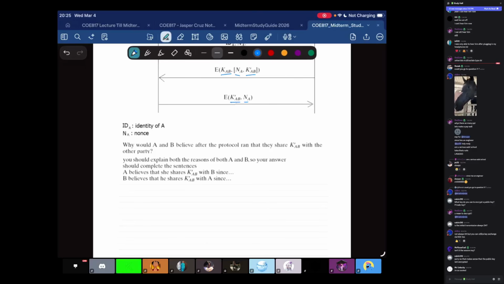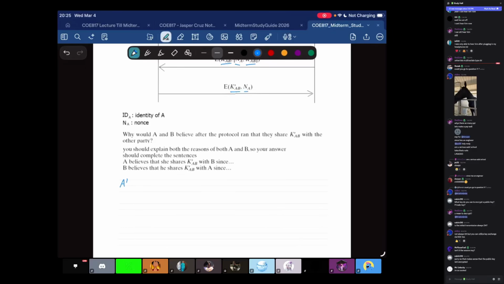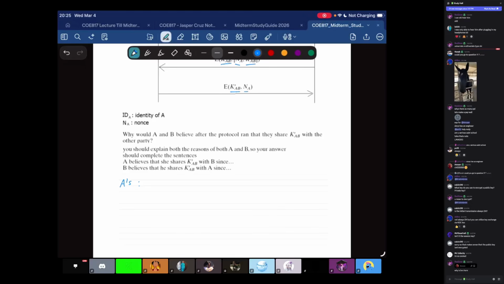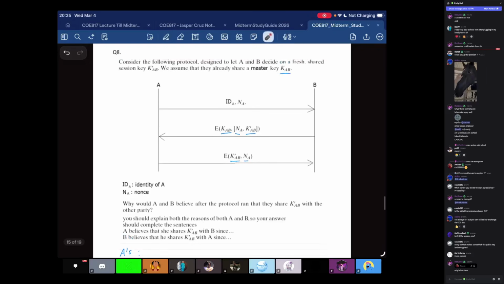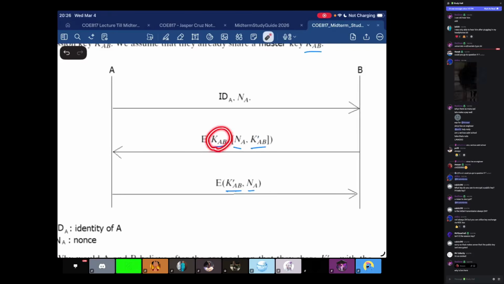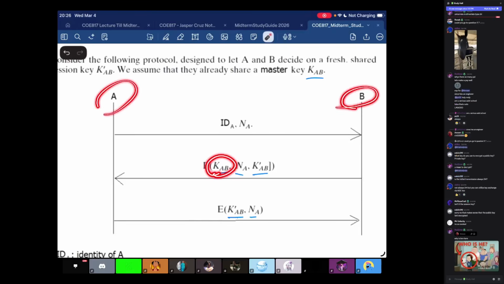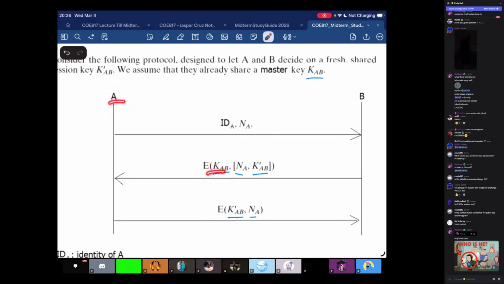So to answer this, from A's perspective, I'm not going to write it all down, but since A sent its nonce value, and since B sent over an encrypted message using the master key that A already knows, as we assume they already share a master key, A is able to decrypt this message from B, grabbing hold of this inner value.